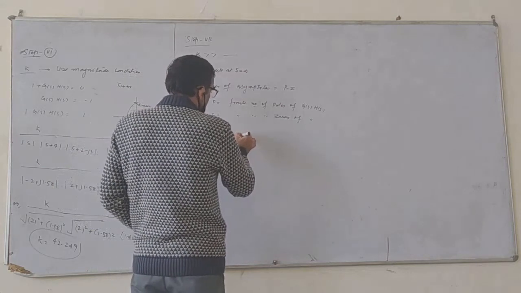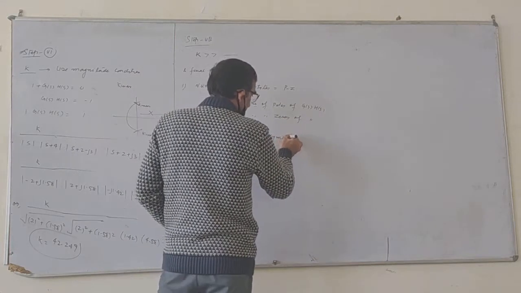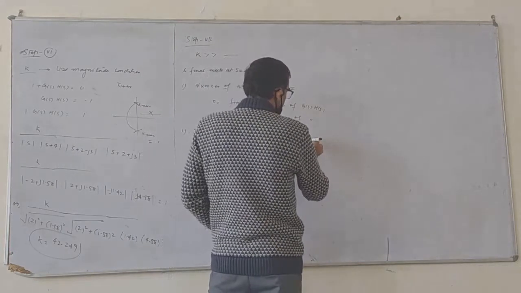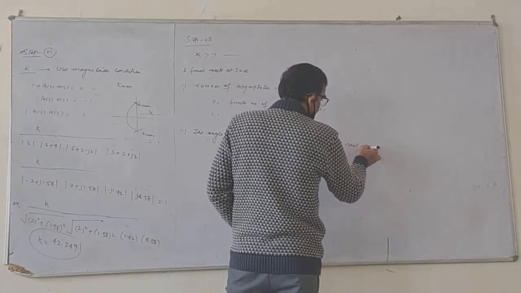Number 2 is the angle that the asymptotes make with respect to the real axis.